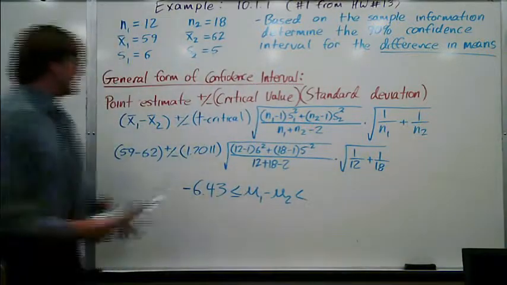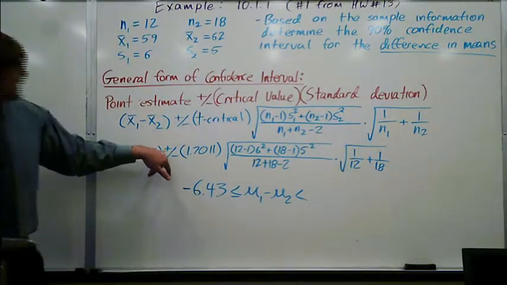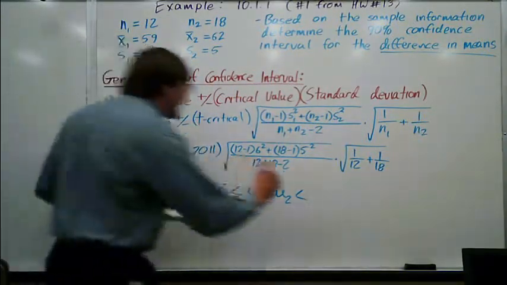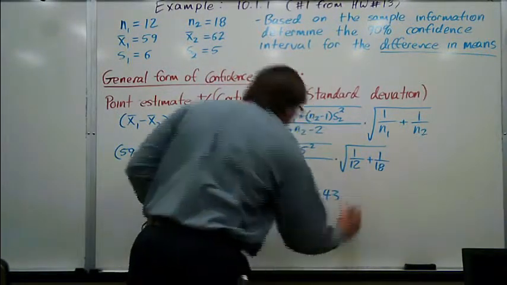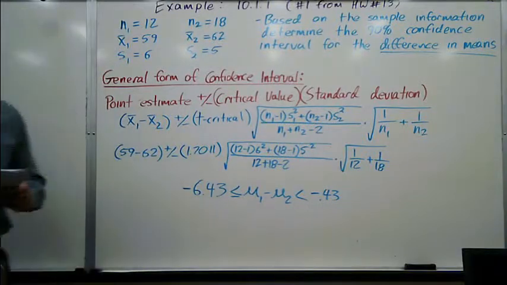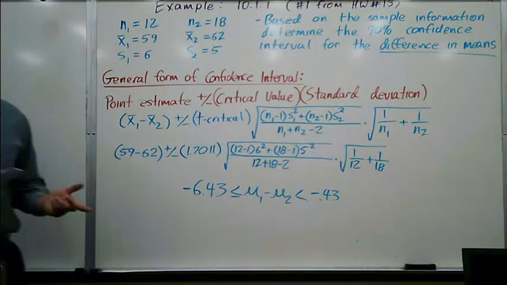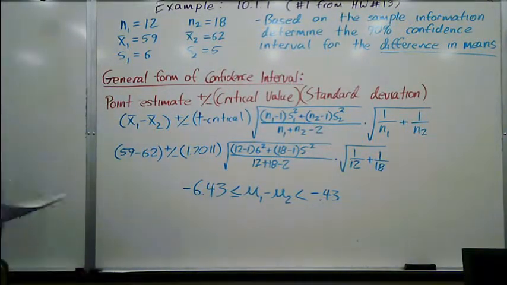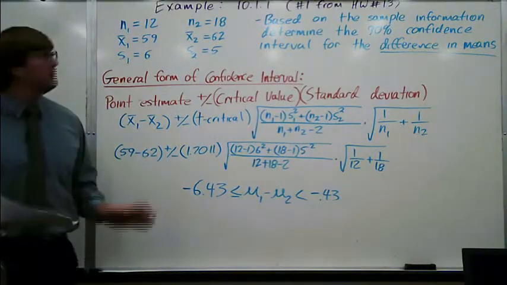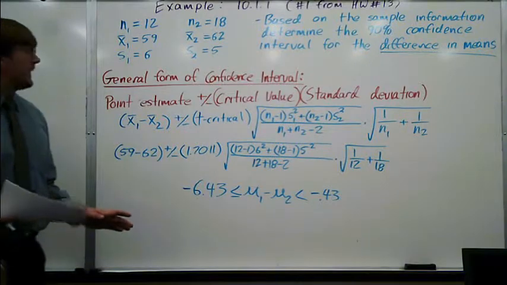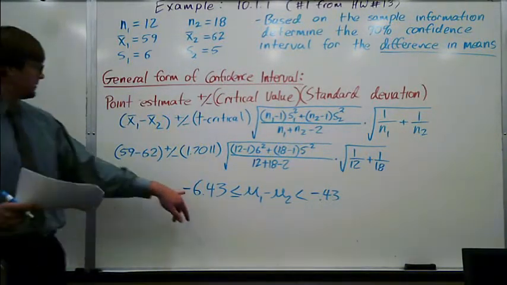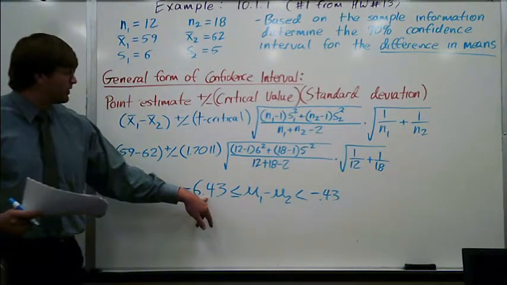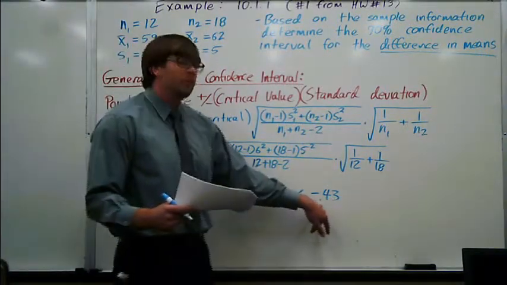And then to get the upper bound, of course, you take that value plus whatever that is, and I got negative 0.43 for that. So, if you want to summarize what this means, you can be 90% confident that the difference between the population means is between negative 6.43 and negative 0.43.